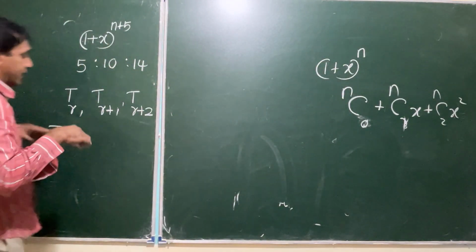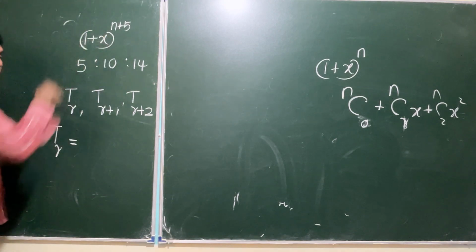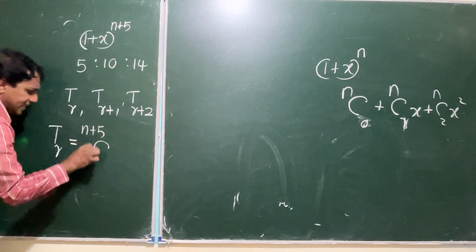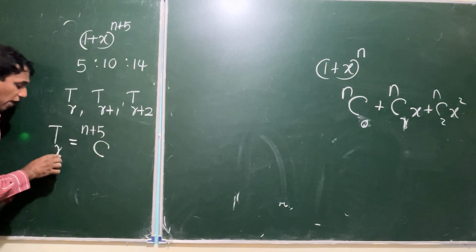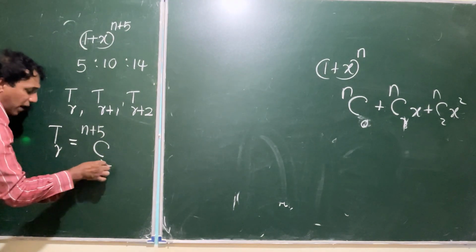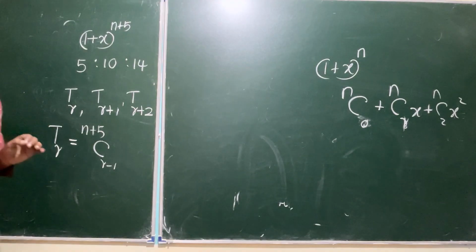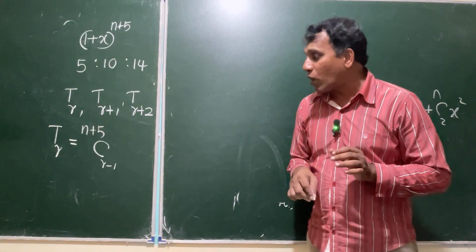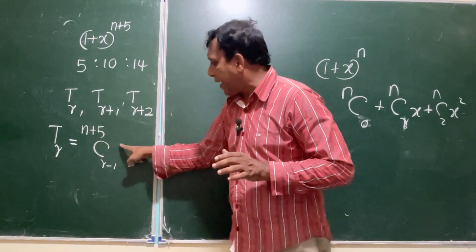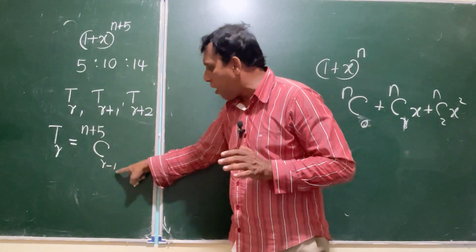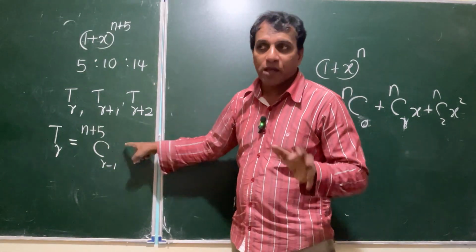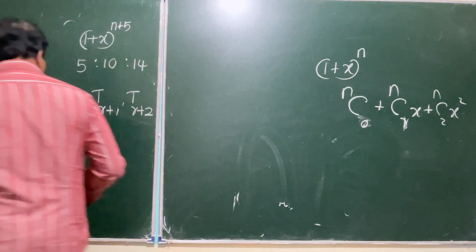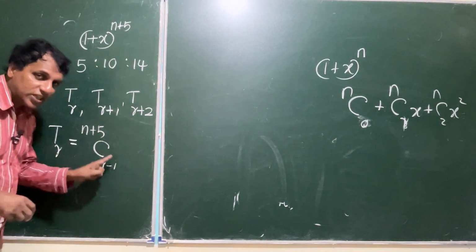So why don't you apply it here? The rth term of this is n plus 5 C (r minus 1), with x to the power r minus 1. The problem only involves the coefficient. Therefore the rth term coefficient is this.